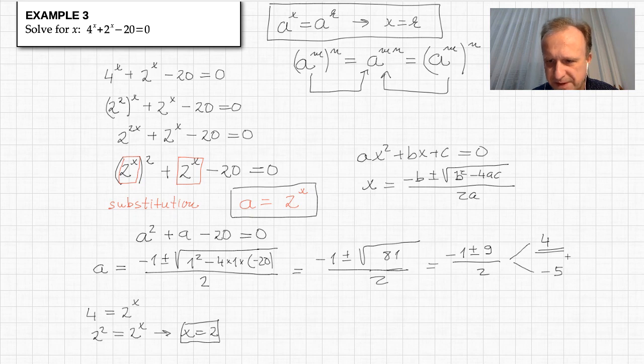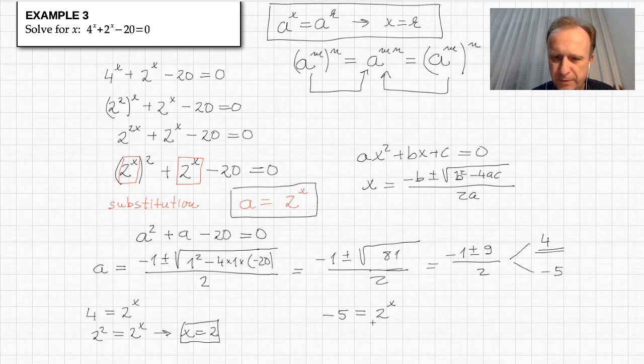Now let me use the second value. So replace a by negative 5. So I get negative 5 equals 2 to the power of x. Okay. Now what you can be sure about here is the following. Whatever x you take and raise 2 to the power of x, you always get a positive answer.